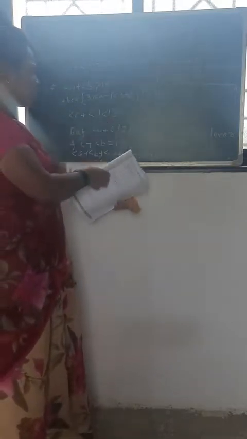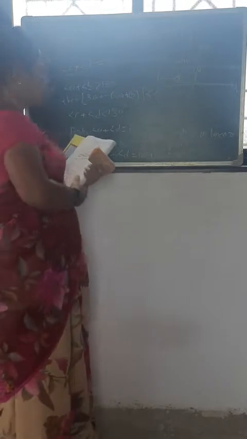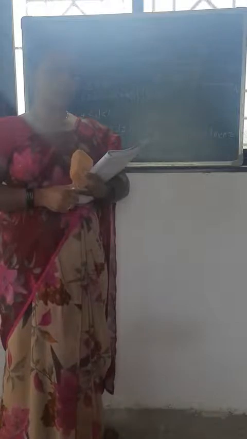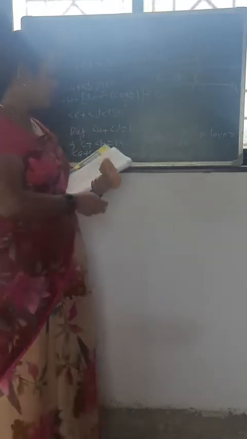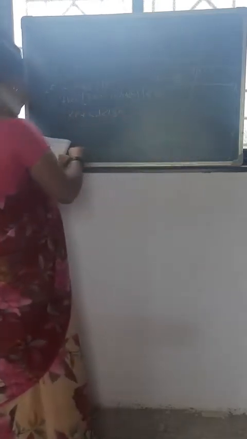Then in the next step, in this case, line L and line M produced will intersect each other on one side of the transversal where angle C and angle D are formed. But therefore, angle C plus angle D is less than 180 is impossible.